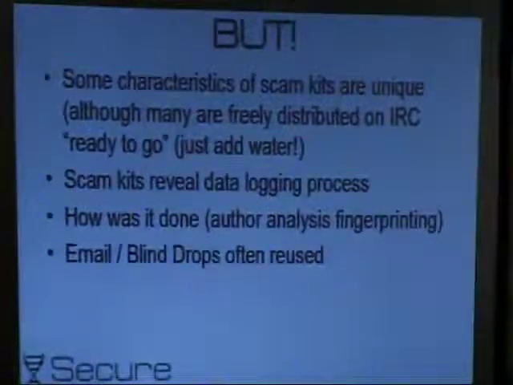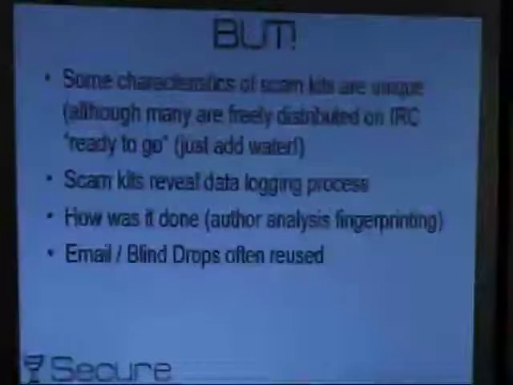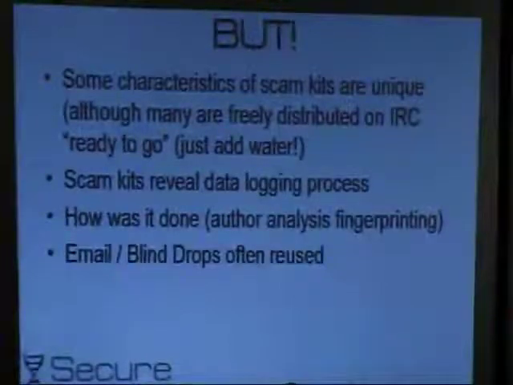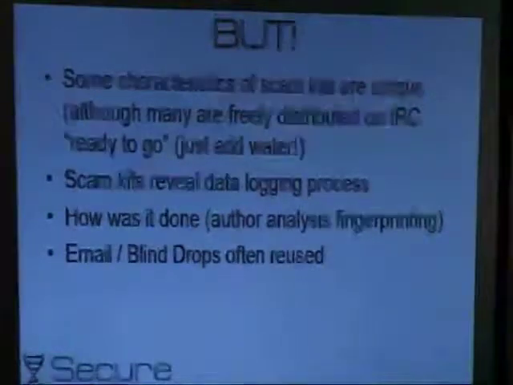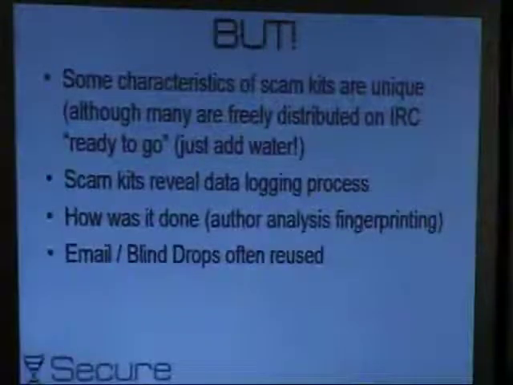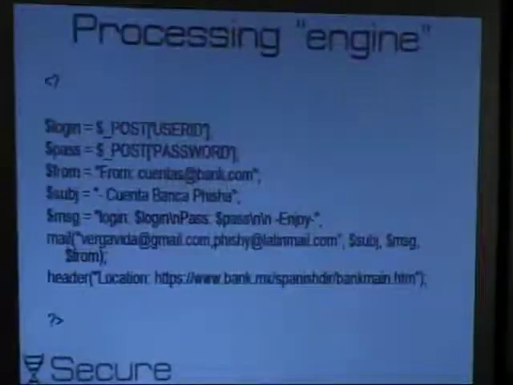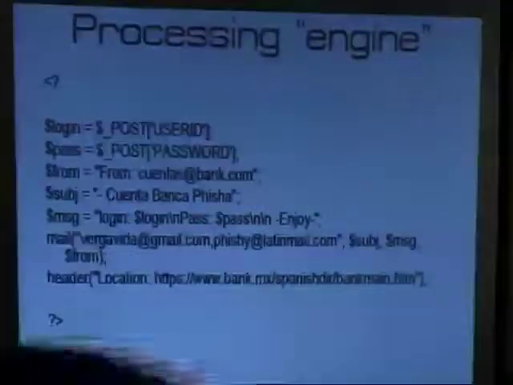Email drop. The email addresses and the blind drops are often reused, which is really silly, but phishers are creatures of habit. So they're not going to change their techniques unless they have to, unless Yahoo shuts down the email address or unless it's just getting too much spam. That's kind of funny. So here we've got an example of a typical PHP processing engine.